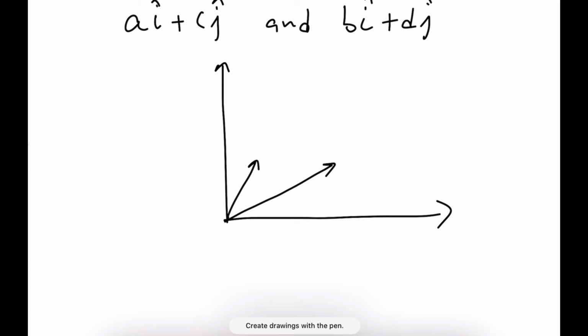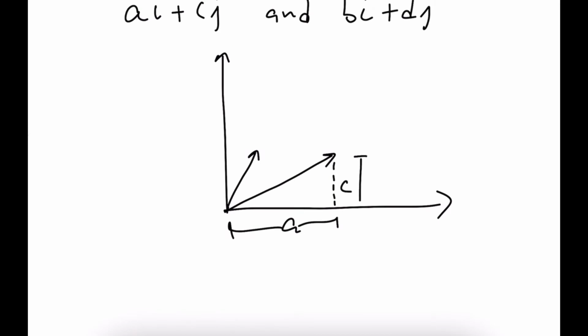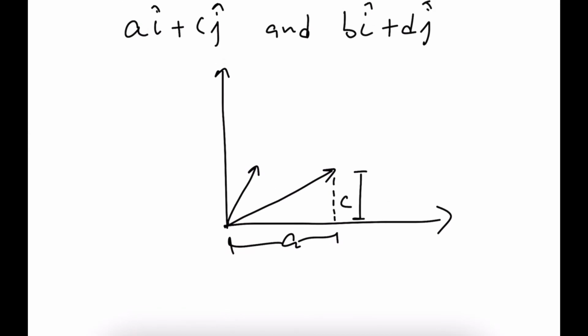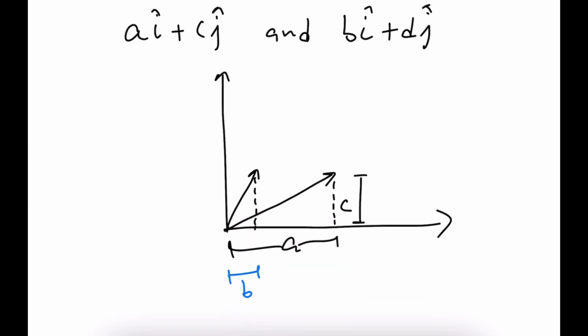So basically this length is A, this height is C, and similarly this can be B and the height is D.